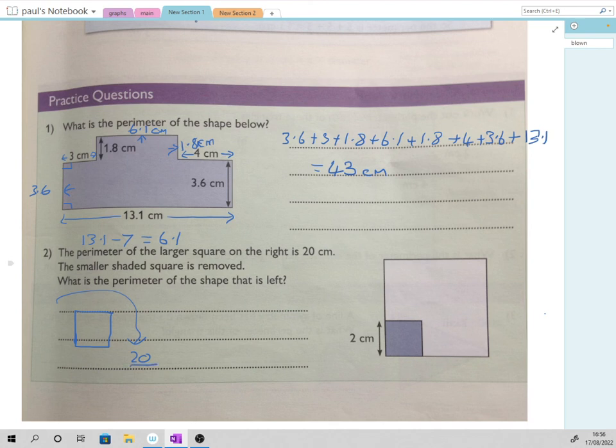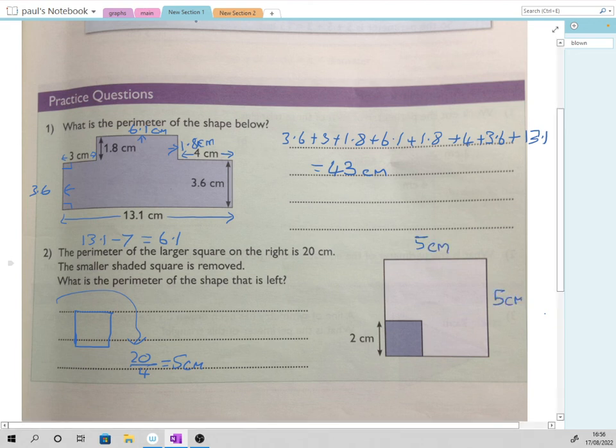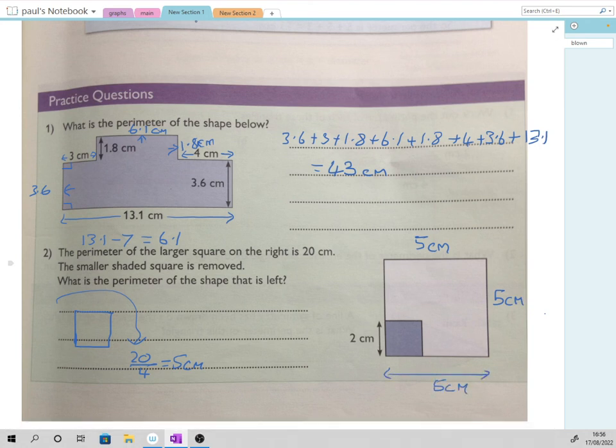So if we do 20 divided by 4, they equal 5 centimeters. So each side is 5 centimeters. Oh, well, this is going to help. Oop. I haven't even read the question yet, and I've done all that.